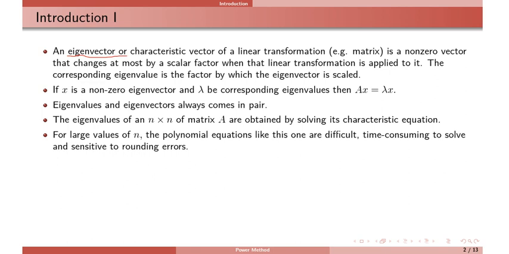An eigenvector or characteristic vector of any linear transformation, for example a matrix, is a non-zero vector that changes at most by a scalar factor when that linear transformation is applied to it.